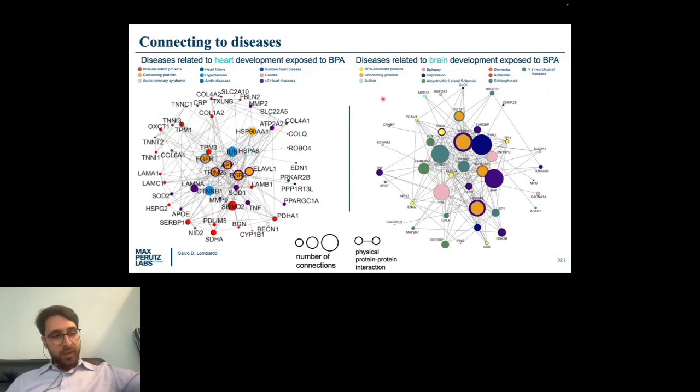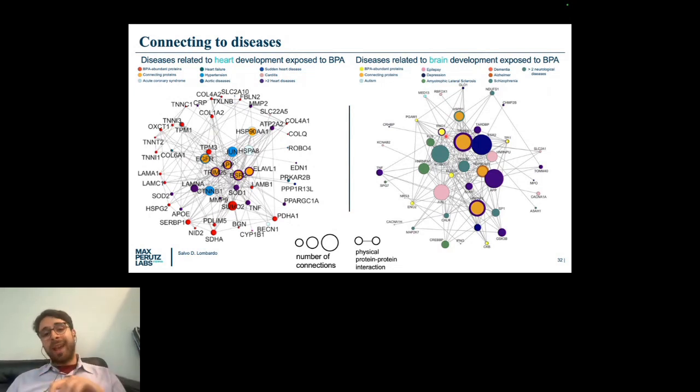And it was pretty interesting because, for example, in the brain, we were able to identify some biomarkers that then have been tested also in post-mortem biopsies for certain diseases, such as amyotrophic lateral sclerosis. And we observed that the downregulation caused by bisphenol A was also found in the biopsies of these patients.